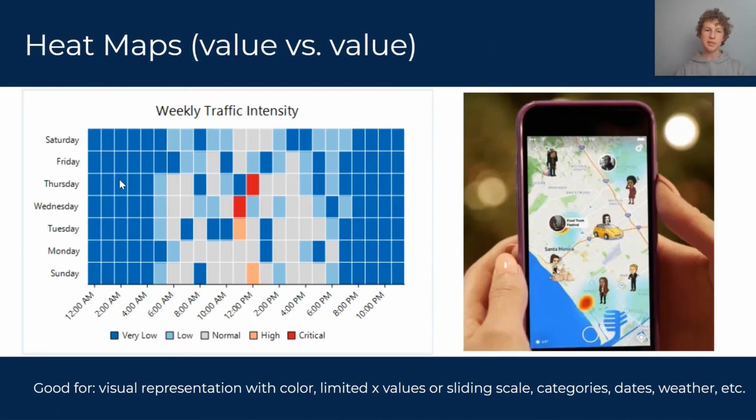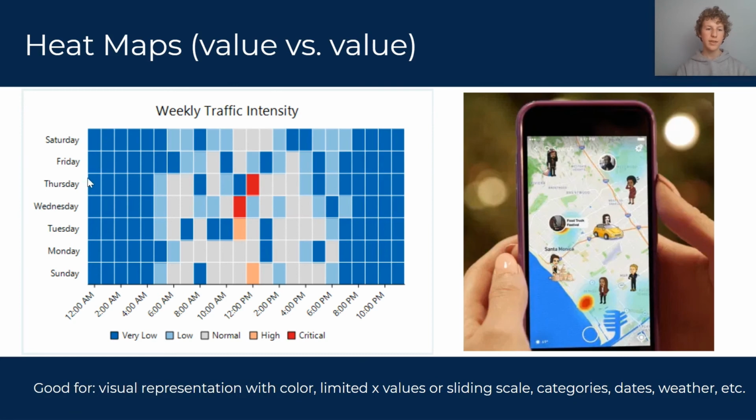Heat maps, which I talked about on the last slide, measure a value versus a value. So in this case over here, it's traffic, so the time on the bottom, and then the day on the top. So this one is like category versus time. Heat maps are really super flexible. And then the color corresponds to the key down here.